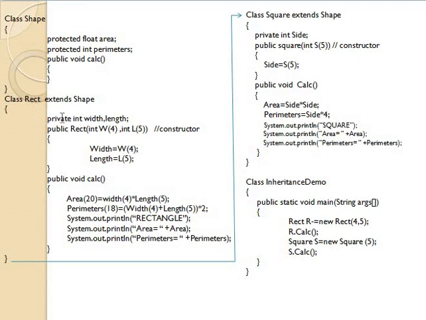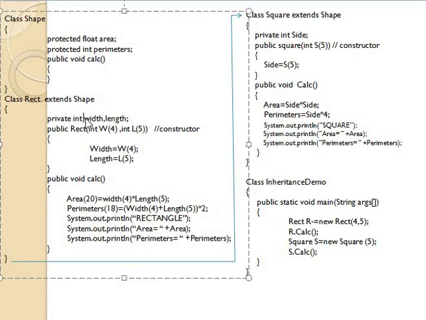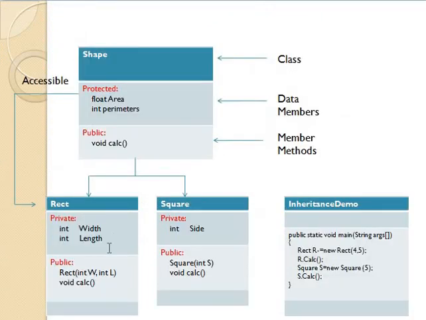Now this derived class rect has two data members, width and length, declared of type int and private as the access specifier. So that's what has been mentioned here. The two data members width and length are of type int and they are declared under the private access specifier section.